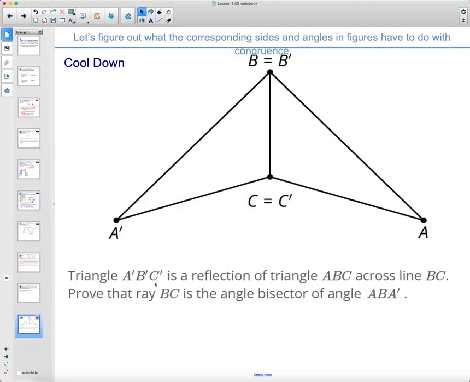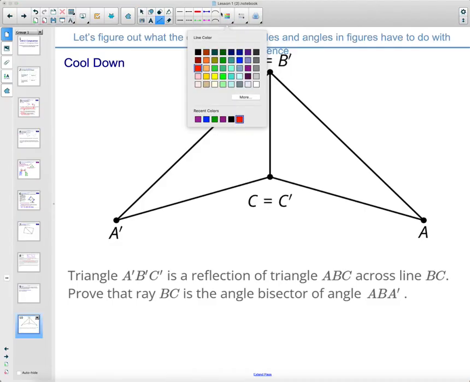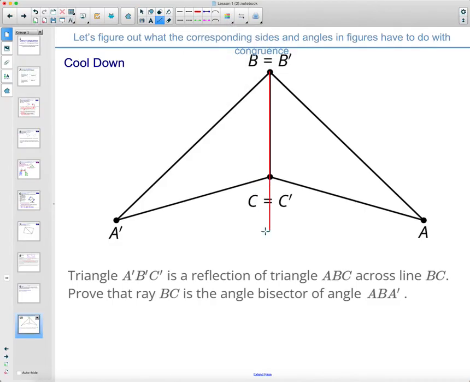So triangle A prime B prime C prime is a reflection of ABC across line BC. Prove that ray BC is the angle bisector. So thinking about what that means, if it's an angle bisector, it means it splits this in half.